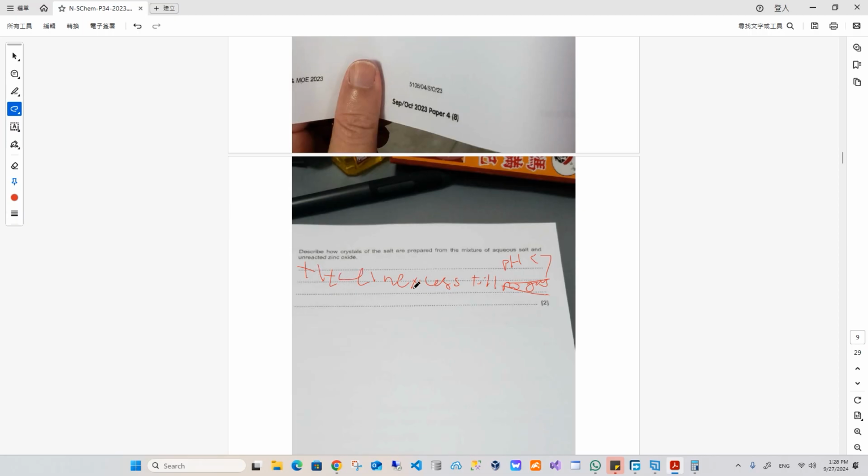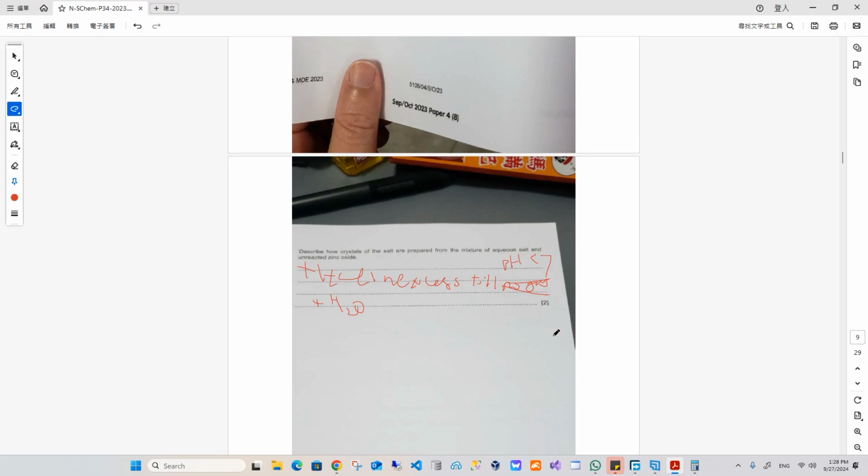Once the whole solution is acidic, no more zinc oxide can remove my acid. So that means I now have excess acid and salt. Then I'm going to rinse it with deionized water. Rinse them. It might actually dissolve to be a solution.